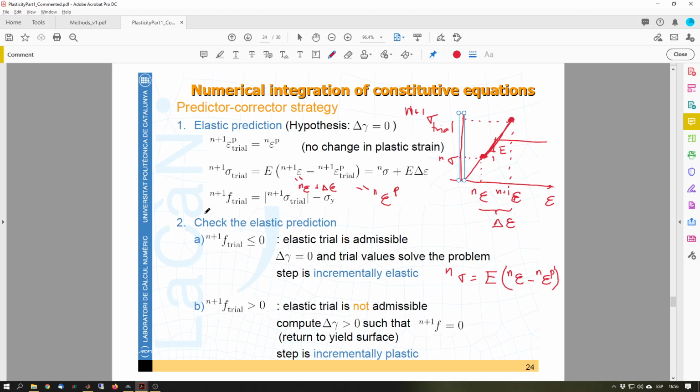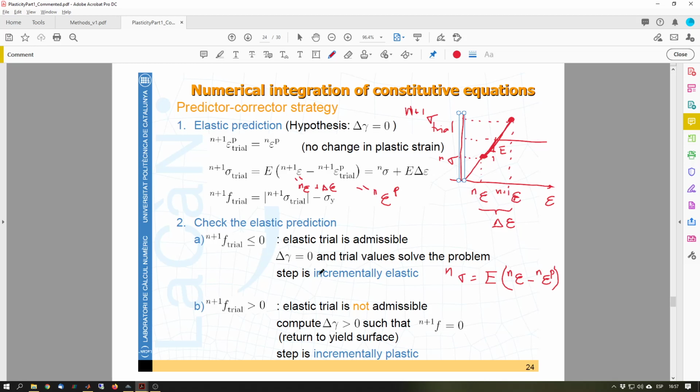And then we check the F trial, which by definition is the stress minus sigma y, which is given here. Let's check if this is smaller than 0. It means that our step is short enough that we are still inside our elastic regime. The assumption that delta gamma equals 0 is valid, so that's correct, and we can move on.